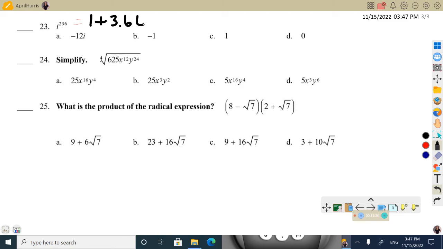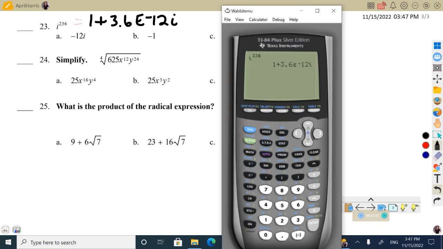Let me double check that one more time. 1 plus 3.6 e to the negative 12. Yeah, that's right. Okay, so I don't need the calculator anymore.